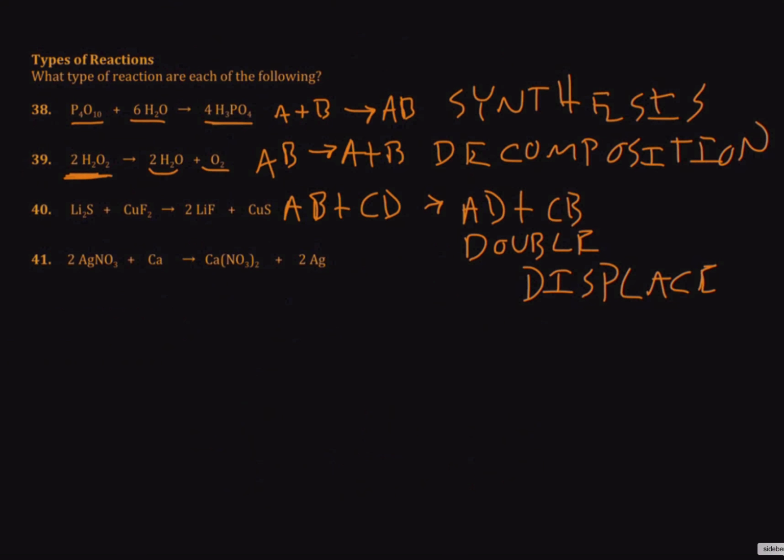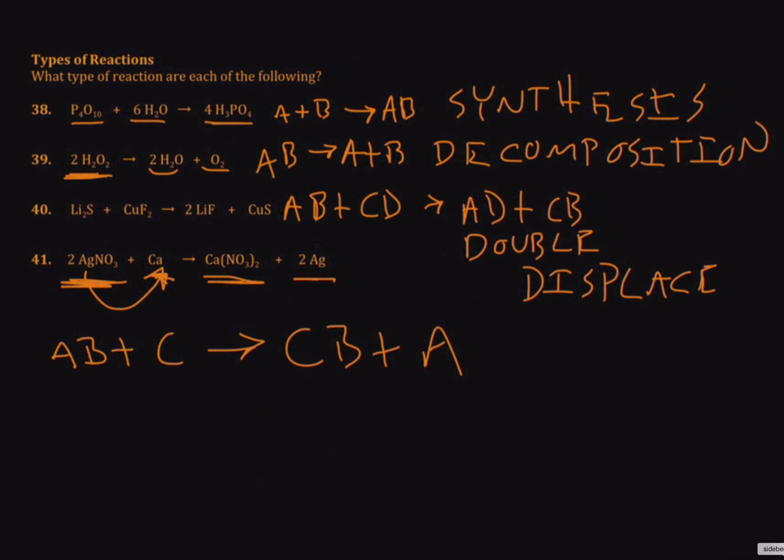In the last one, we have a compound and an element, and on the other side we have a different compound and a different element, where some of the elements have traded places. So that's AB plus C gives us CB plus A. Because the Ag and the Ca have traded places, that's also displacement.